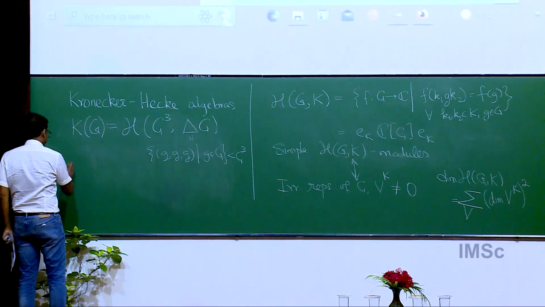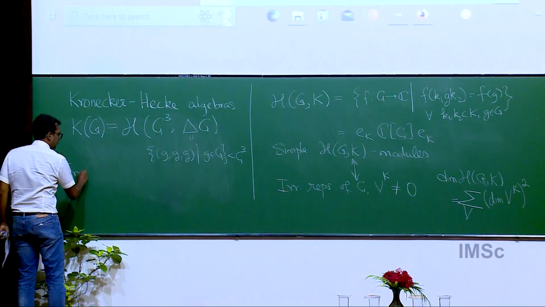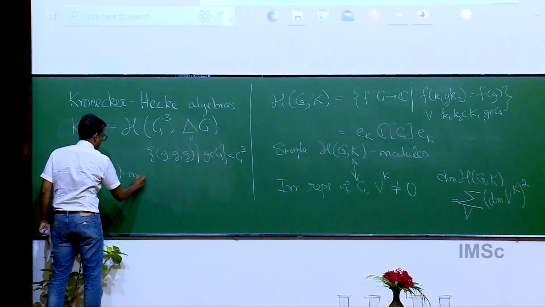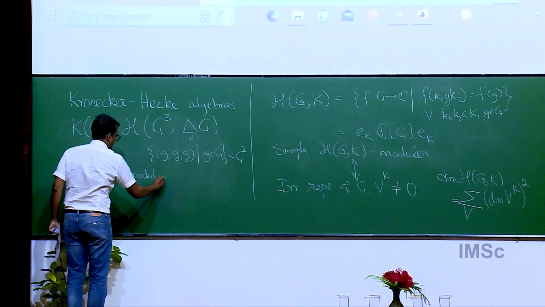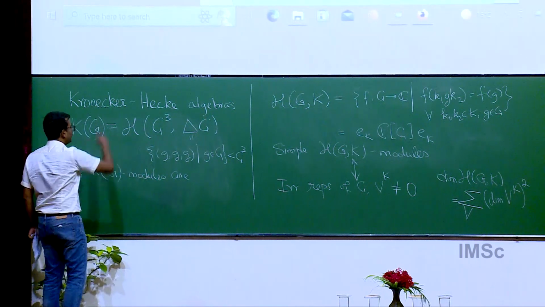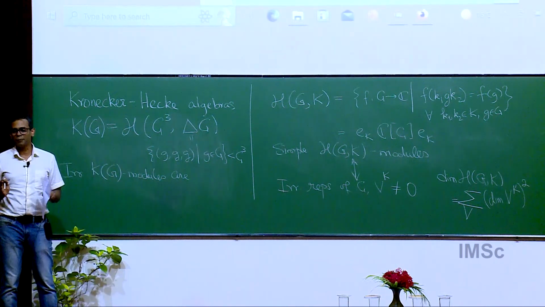So irreducible Kg modules are irreducible representations of G cubed. So what's an irreducible representation of G cubed?